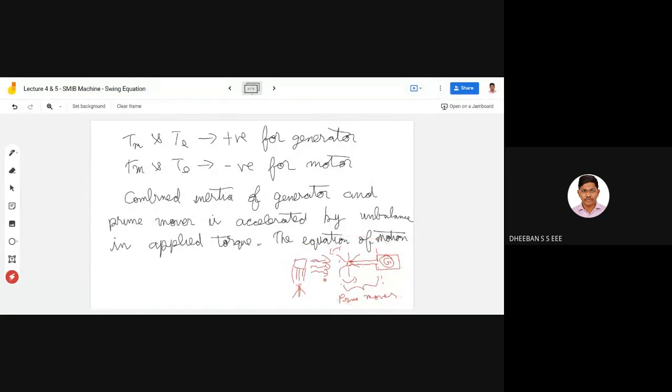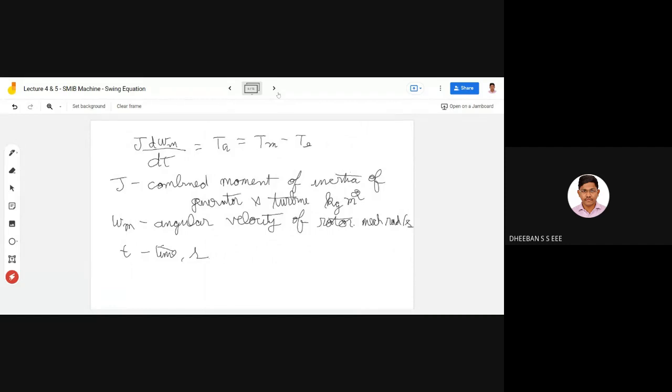You also have to take into account the moment of inertia of both the shaft, that is the prime mover, and the rotor of the generator. The two moments of inertia you have to consider will depend upon your angular velocity, and that's what they have given over here.